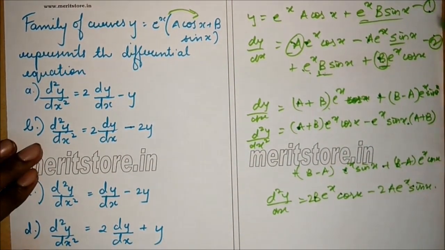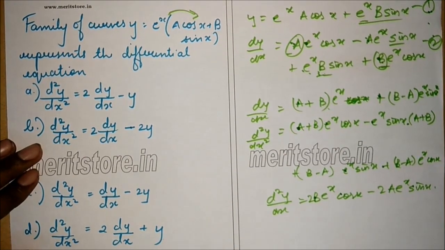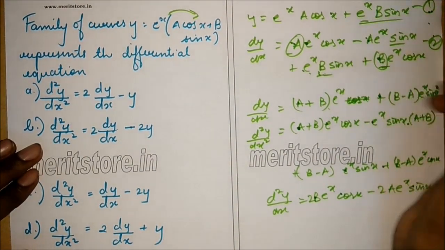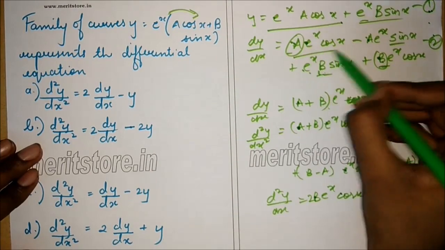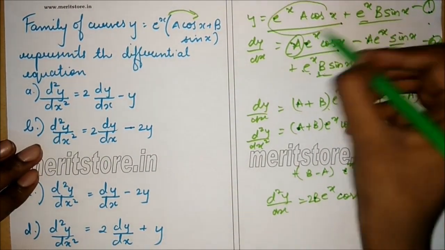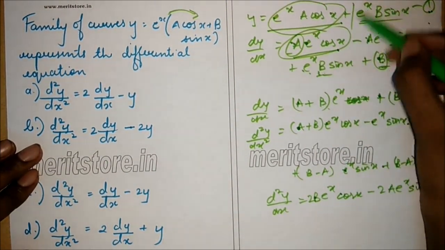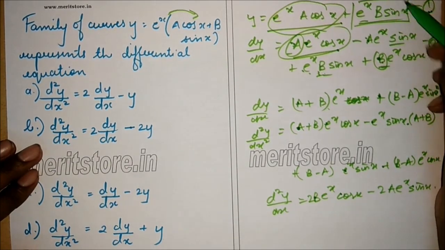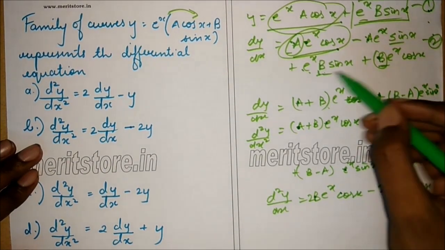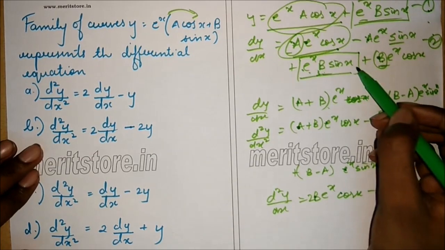Now from equation 1 and 2, the terms which are common are a e raised to x cos x, a e raised to x cos x, and e raised to x b sin x, and here it is e raised to x b sin x.